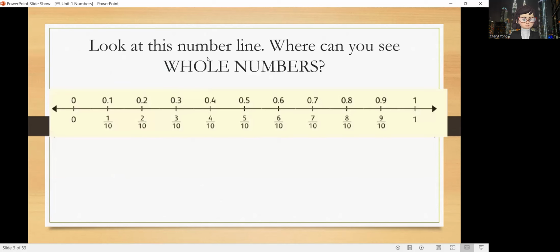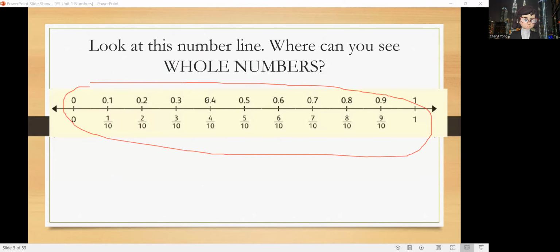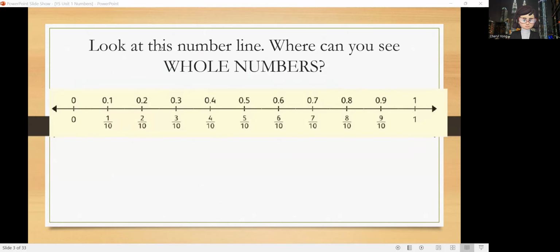Now, let me test you whether you know your whole numbers well. Look at this number line. Where can you see whole numbers? Yes, 0 and 1. And can you see in between 0 and 1?